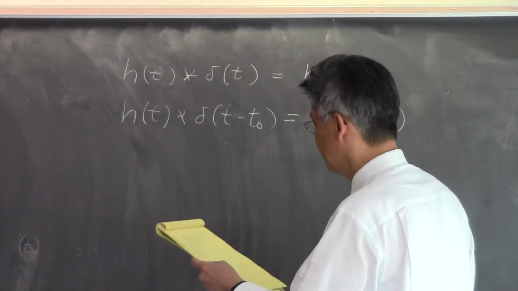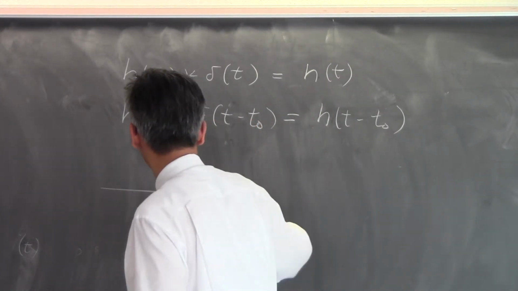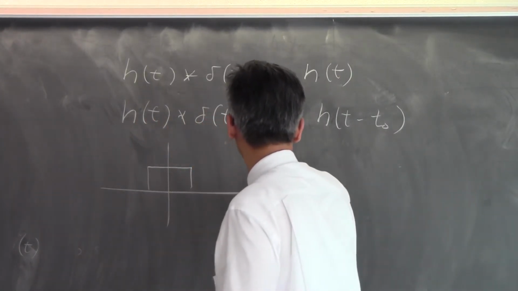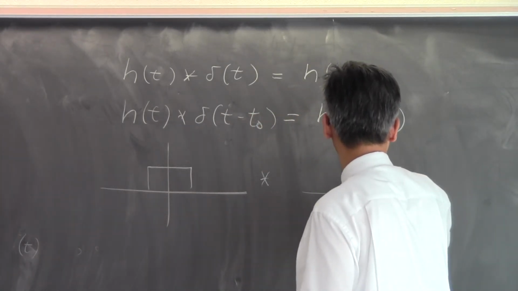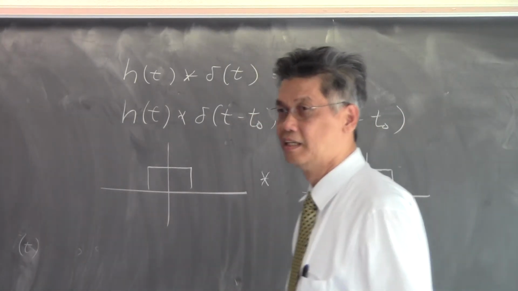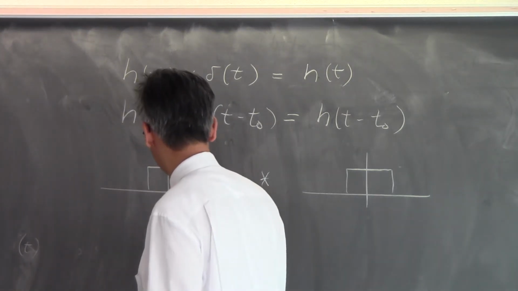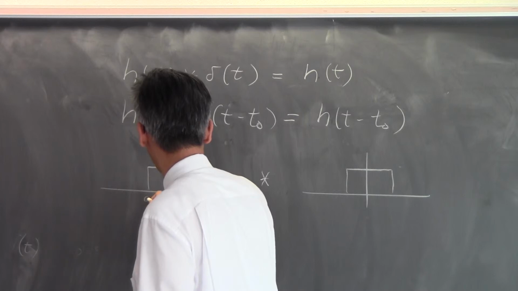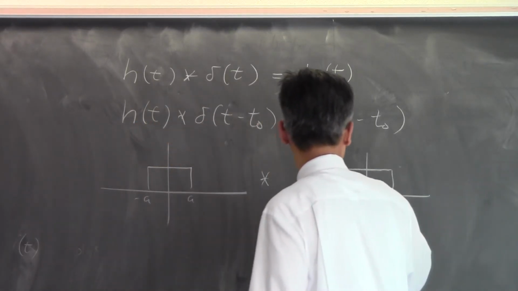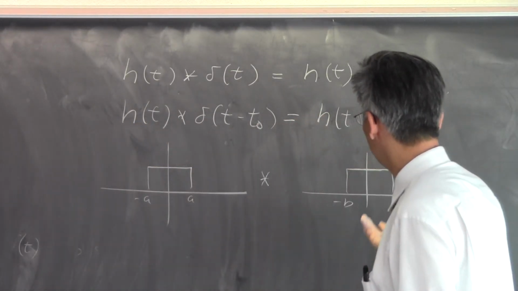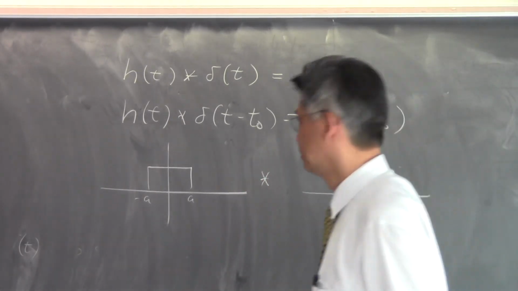And then if I have a rect function convolving with another rect function, a rectangular function, what do I get? I flip one around and then start to move them across each other. If t is larger than a certain time, or less than a certain time, there's no overlap. Say this is A, this is B. You flip one around, there'll be no overlap.